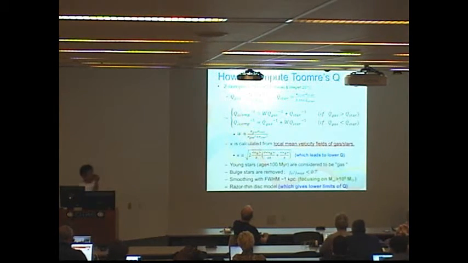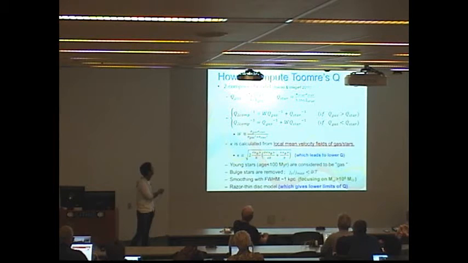Okay, so this shows how I compute Toomre Q in my analysis. I compute Q for gas and stars separately, and the two Qs can be combined like this. So I can get a two-component Q, which is more accurate than one-component analysis.